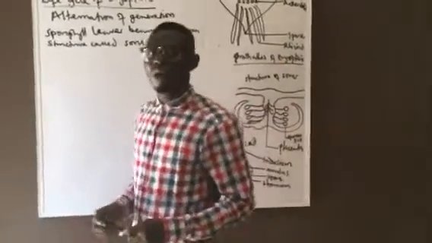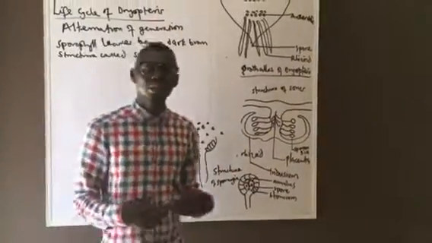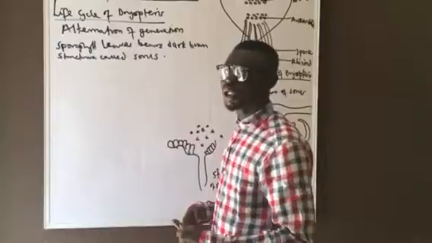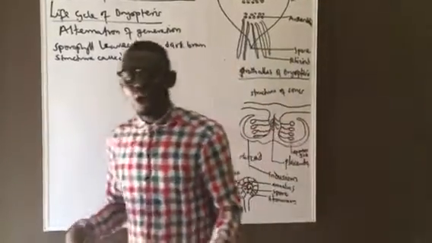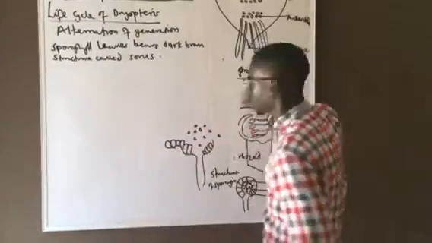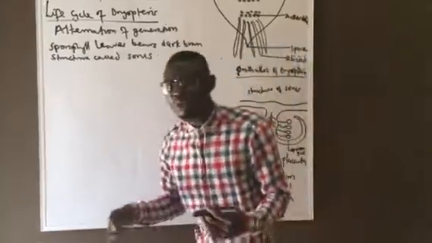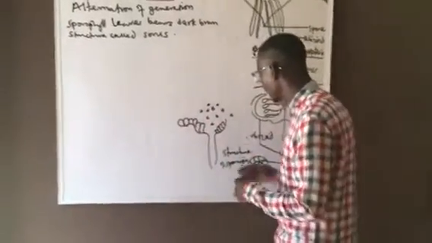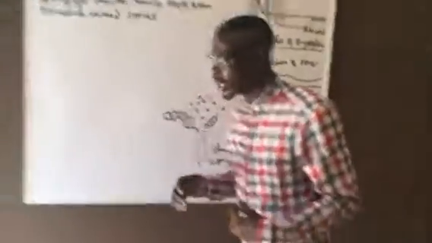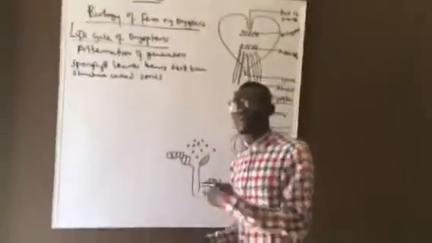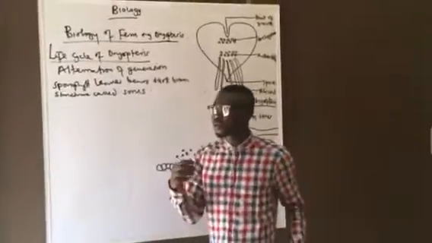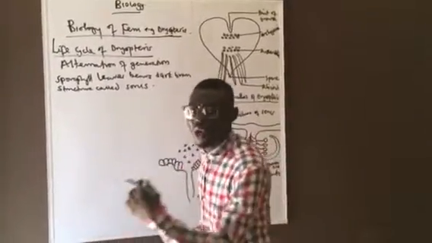Under favorable conditions, the spores will germinate to produce a heart-shaped prothallus. That is the young gametophyte. That is why it's an alternation of generation, conversion of sporophyte to gametophyte.